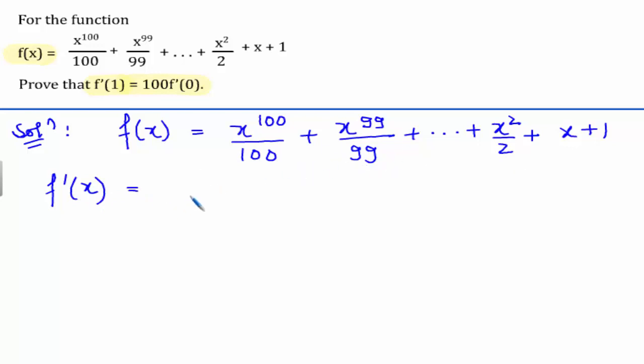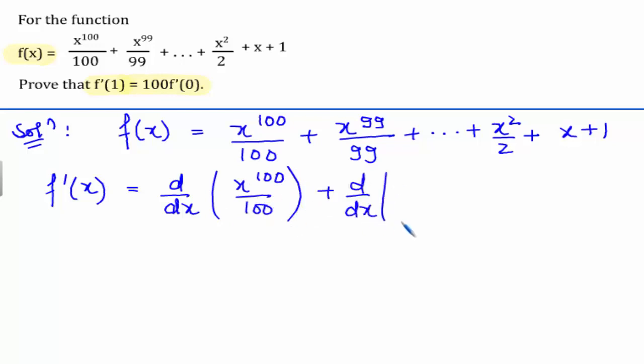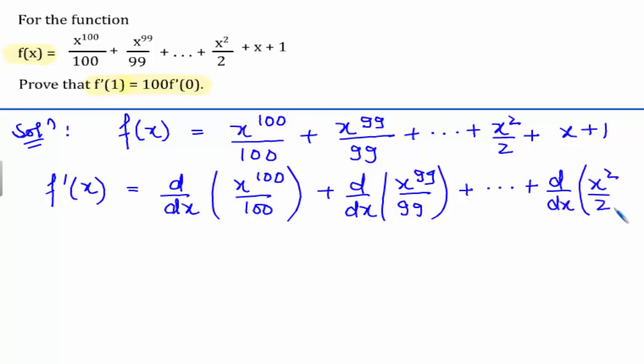So we have d/dx of x raised to the power 100 divided by 100, plus derivative of the second term with respect to x, plus so on up to the derivative of x square divided by 2 with respect to x, plus derivative of x with respect to x, plus derivative of 1 with respect to x.